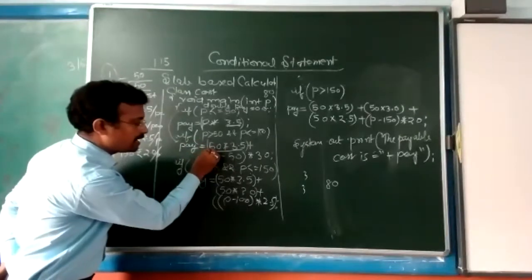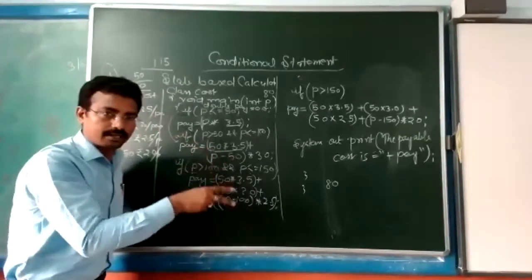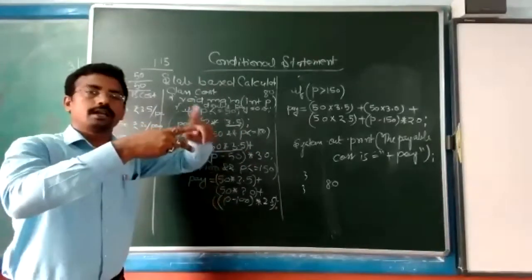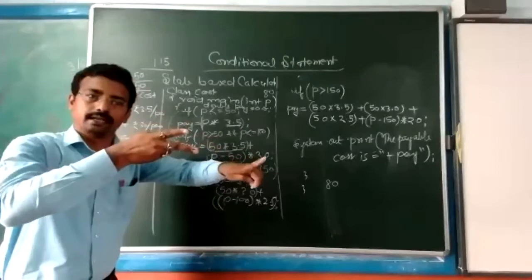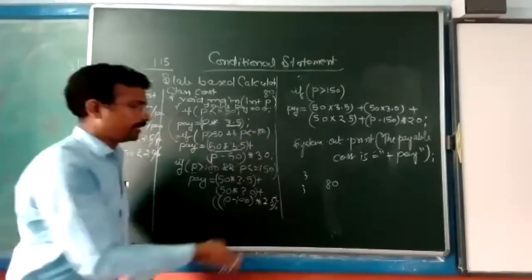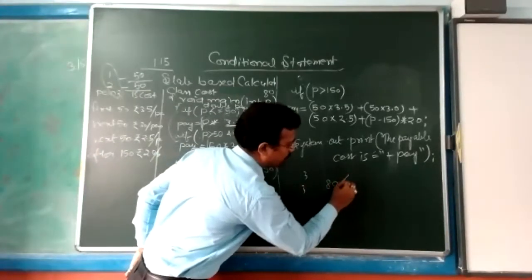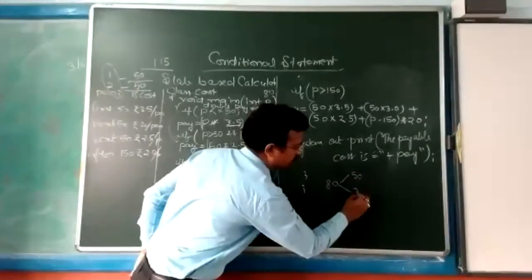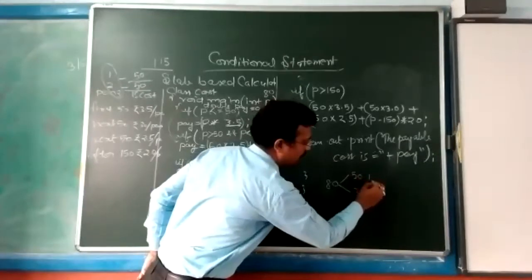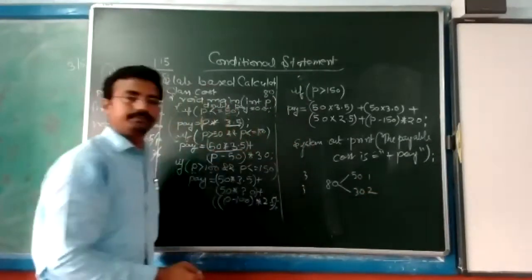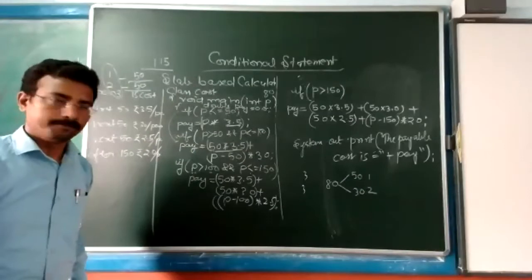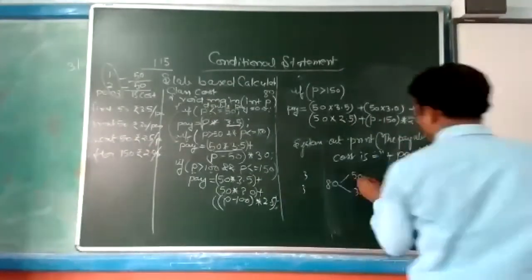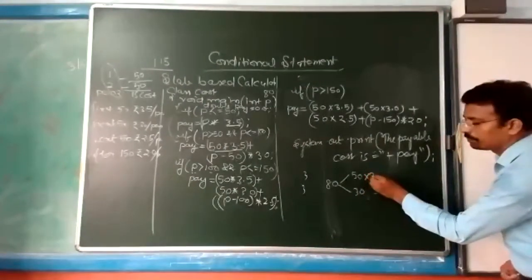So 80 is the given value. And this 80 will be divided into two parts because of making slabs. And what is the slab condition? Starting 50, next 30. So this 80 will be divided into two parts. Now, first condition and second condition both will be included. This is one slab, this is the second slab. Got it? Now for one slab, we will multiply it with 3 rupees 50 paise.